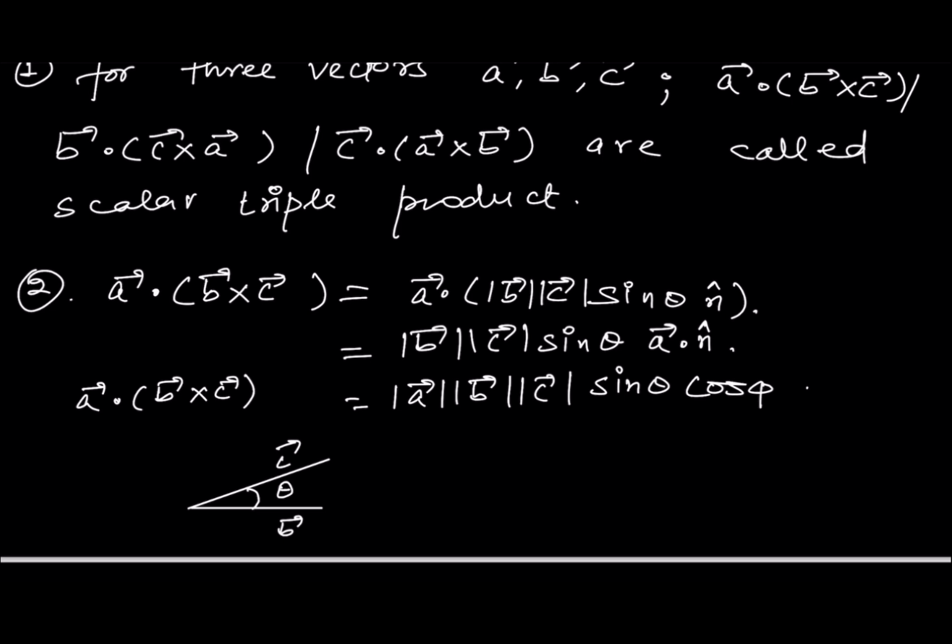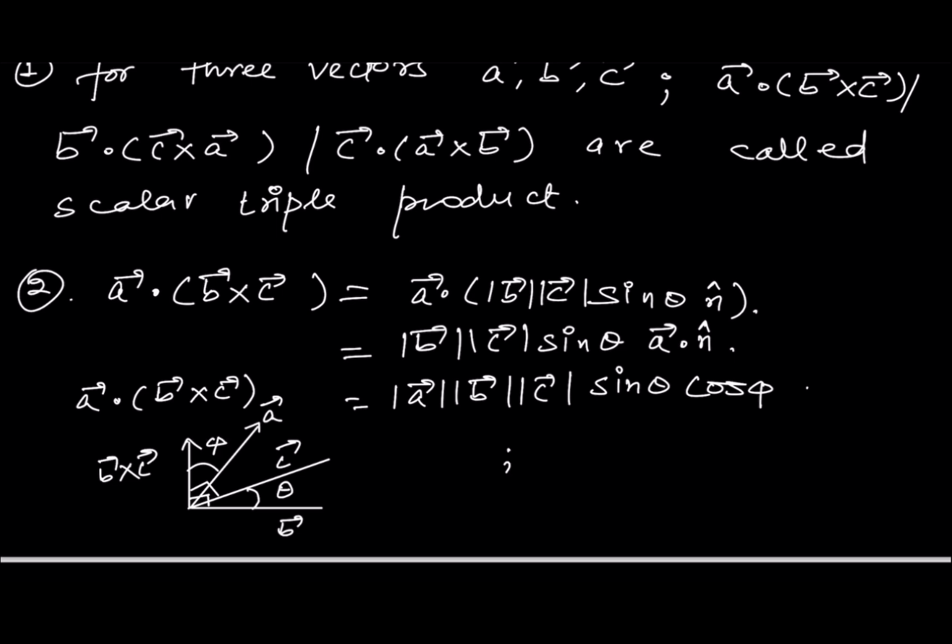Okay, and B cross C is a vector perpendicular to the plane of B and C. This is B cross C. Now this is A vector, and the angle between A vector and B cross C vector is phi.